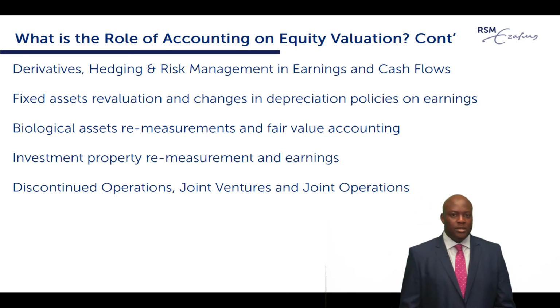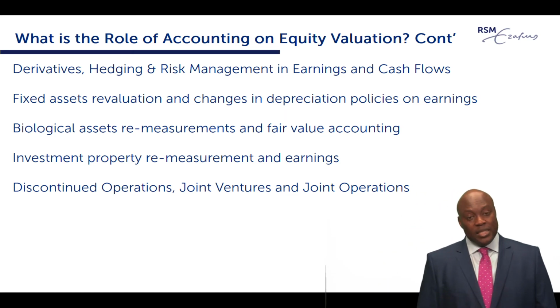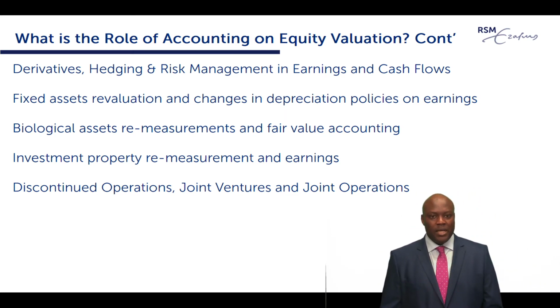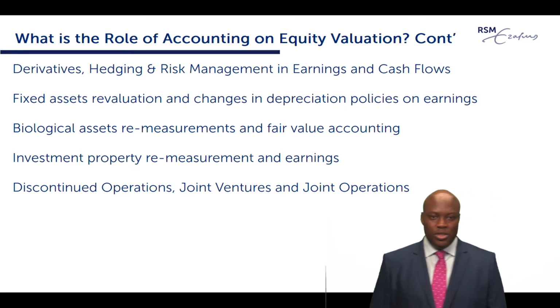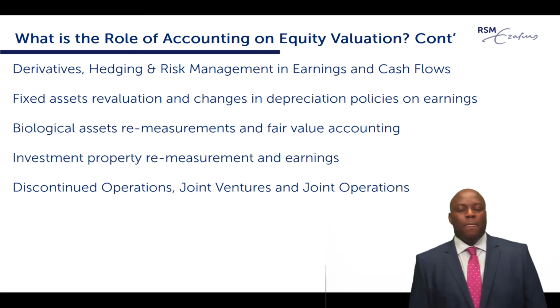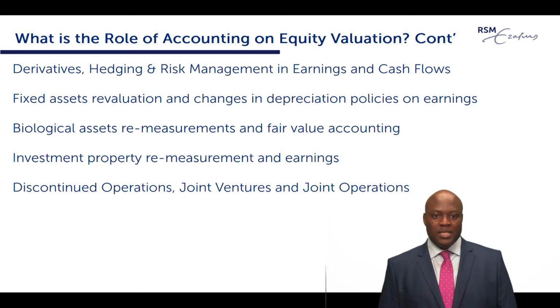Discontinued operations, joint ventures, and joint operations. Discontinued operation is just basically a subsidiary, or what we call a CGU. A CGU is a cash generating unit, a separate asset of your business that can generate independent cash flows by itself.